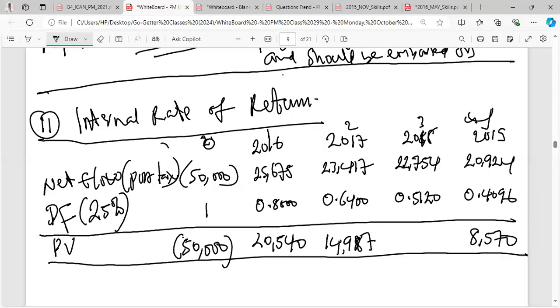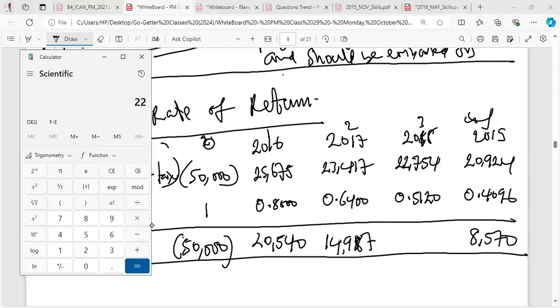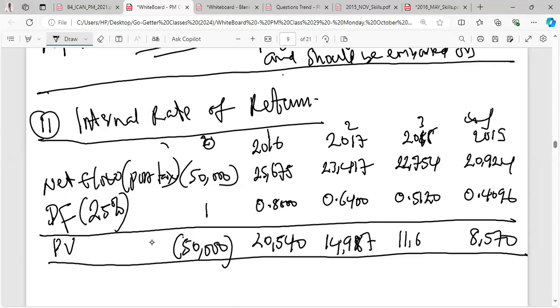Then the last one I'm going to do here is 22,754 multiplied by 0.512. That's giving me 11,650, and 20,924 multiplied by 0.4096 gives 8,570.